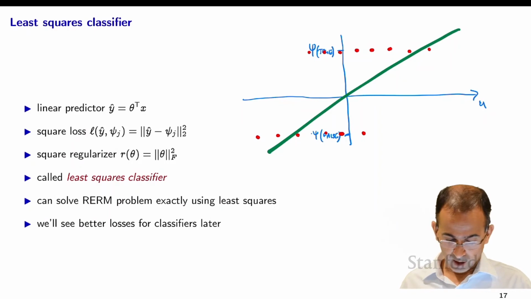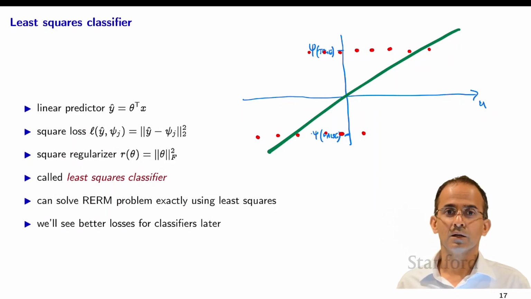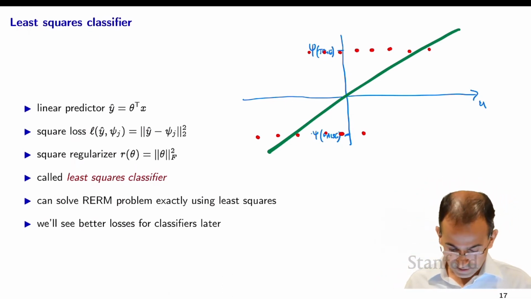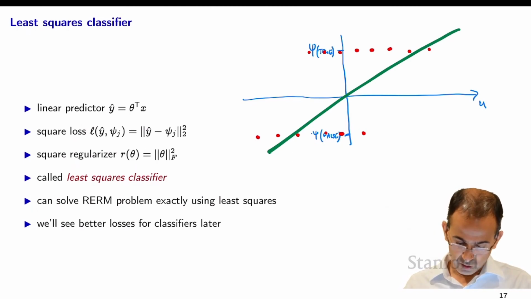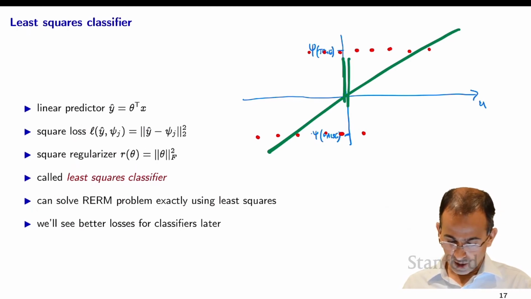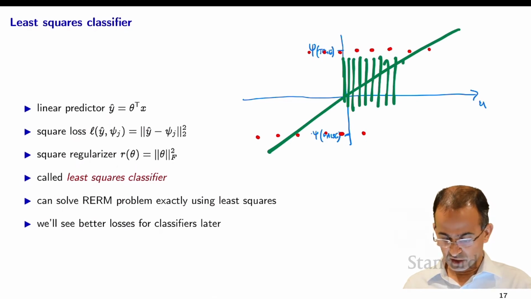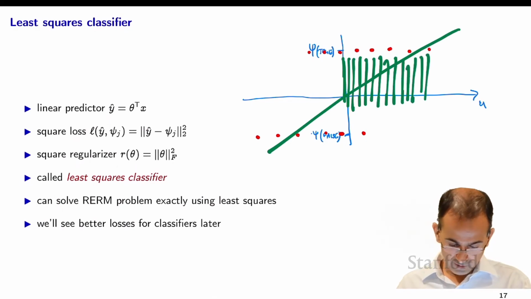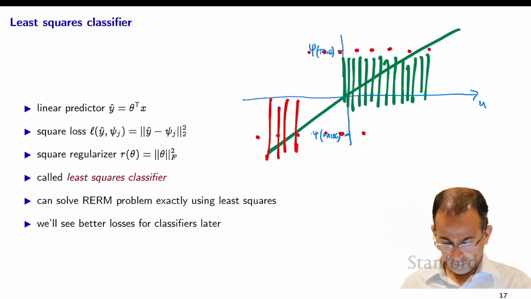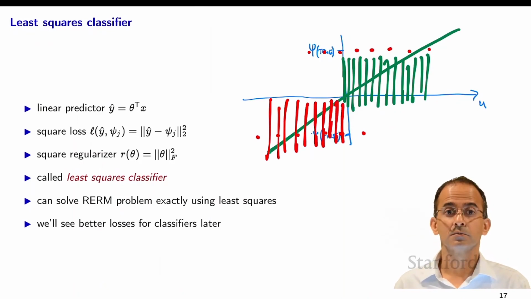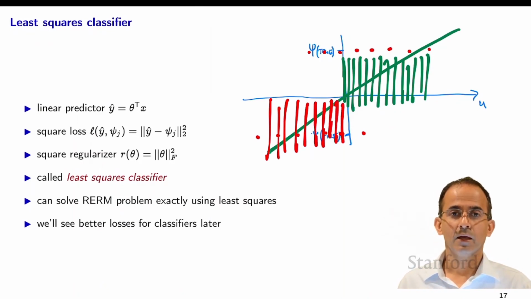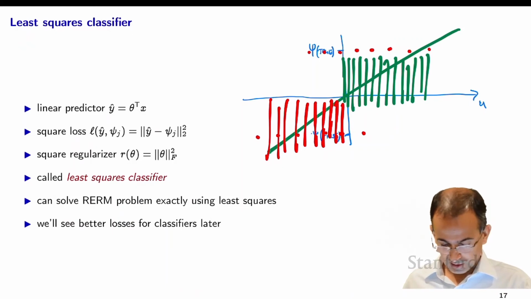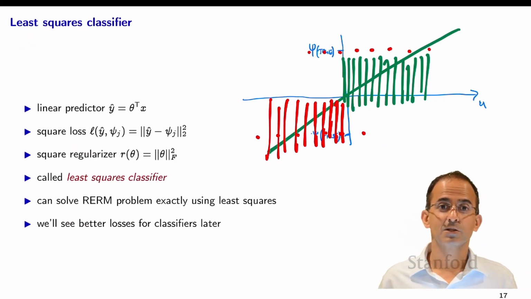And if the plot of our predictor theta transpose x happens to be like this, that means that whenever u is over to the right here, I predict true, and whenever u is over to the left here, I predict false. And if we look at our data, we can see that in my simple sketch it didn't seem to do too badly.